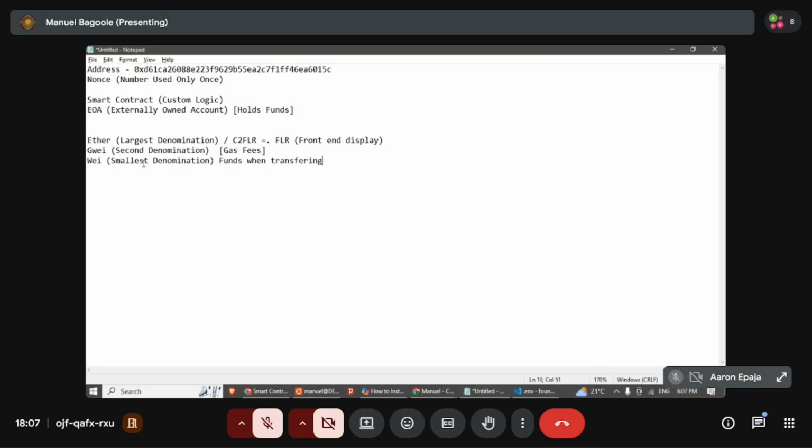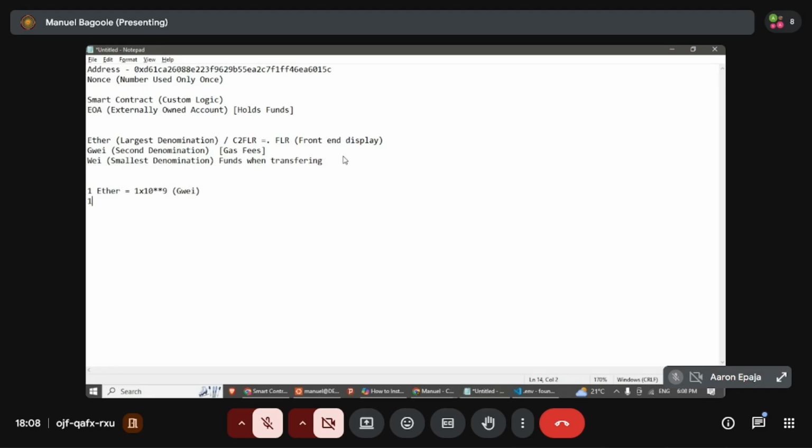Why we do this is because we want to ensure accuracy, and each of these values has a comparison between each other. So 1 Ether is exactly 1 times 10 power 9 in terms of Gwei.